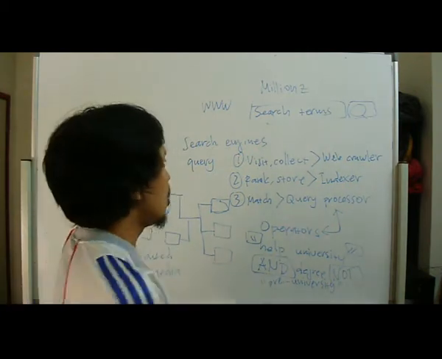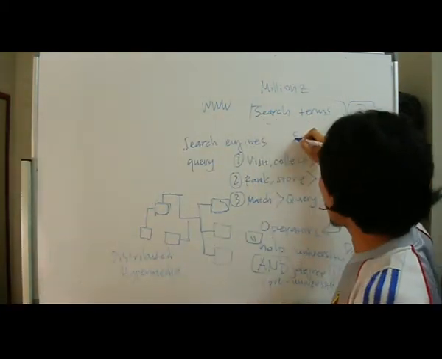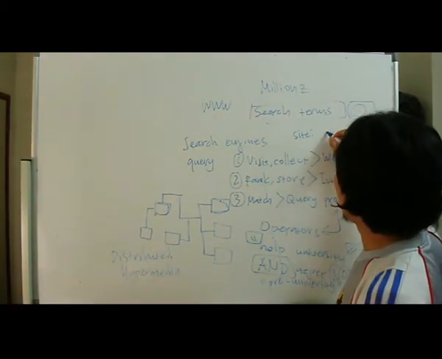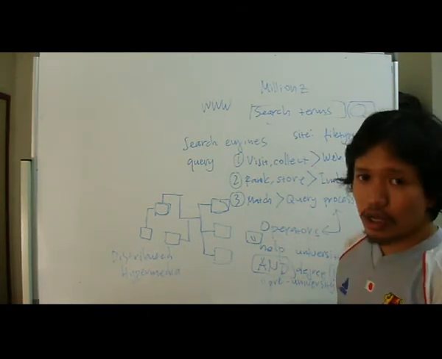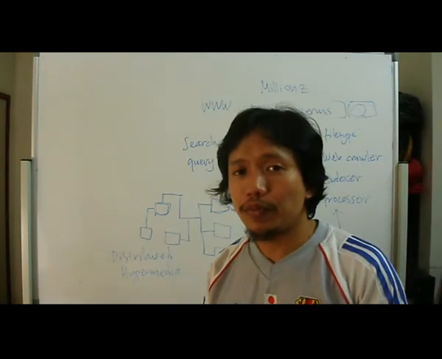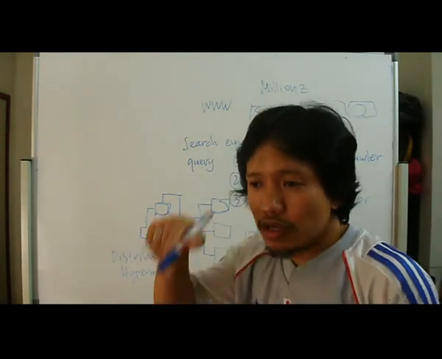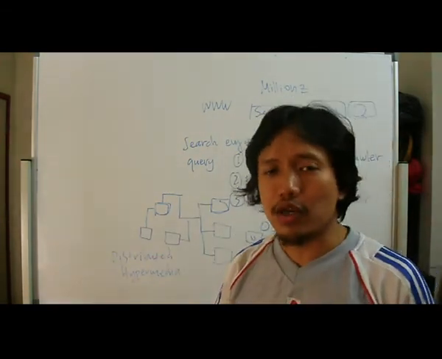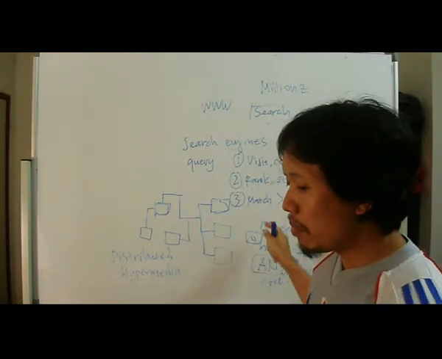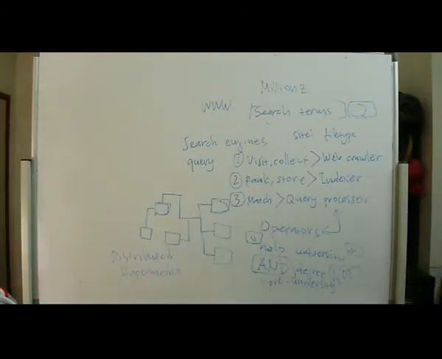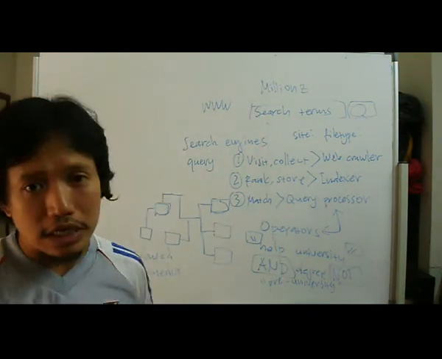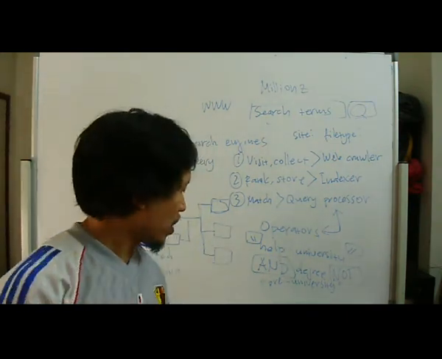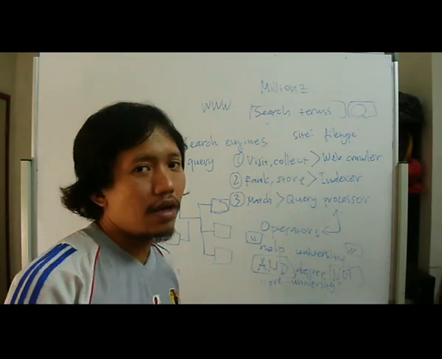For example, you might find operators such as site, file type, etc. These will all help you specify your search terms. So you pinpoint to exactly the files that you want. So you get it immediately and get it quickly. Right? And so that is what we have about search engines. Next we'll talk about why the web is really relevant for business.